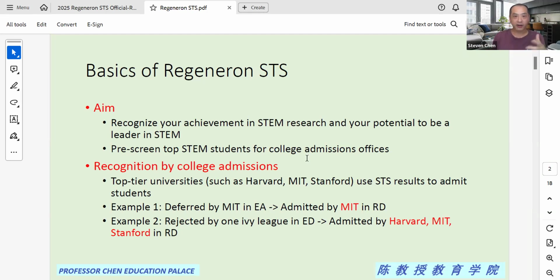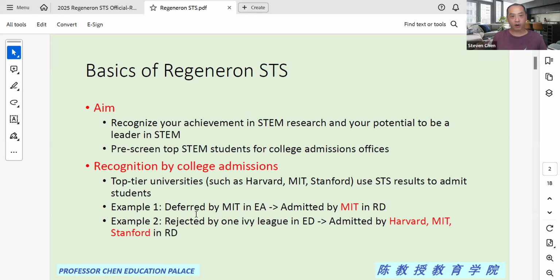Then in March, it's very likely that you'll be accepted by some or even all of these top-tier universities. Here are two specific examples. One is that in the past, there were students who applied to MIT in the early cycle but were deferred. But in January, these students got into the Regeneron STS top 40. So finally, the students were accepted by MIT.